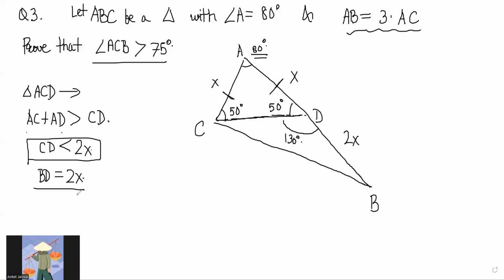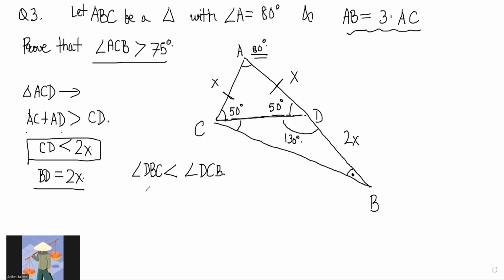So that means CD is smaller than BD, which means angle DBC is smaller than angle DCB.